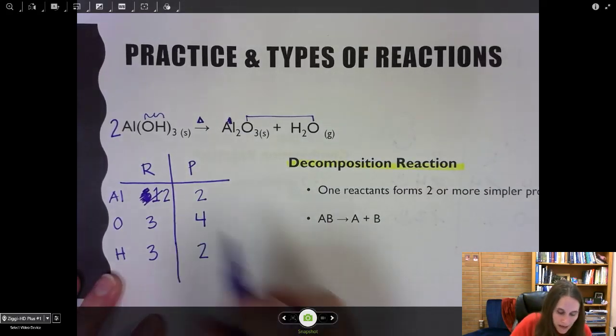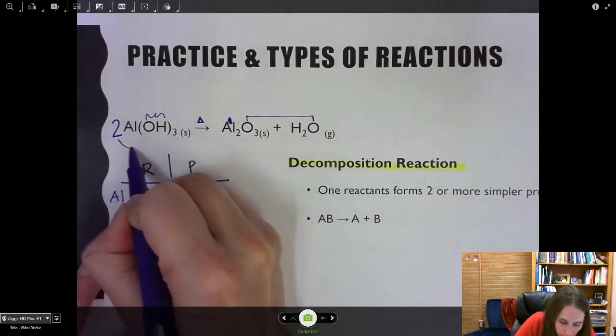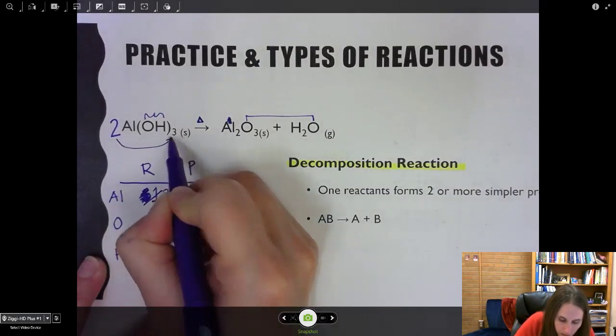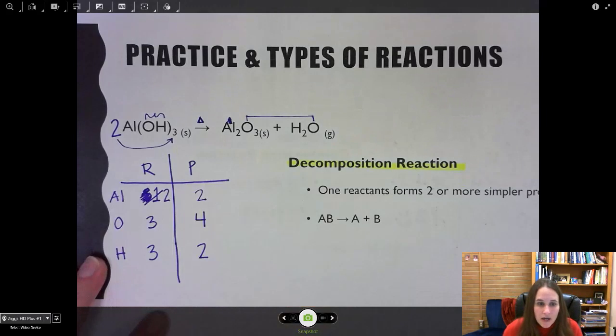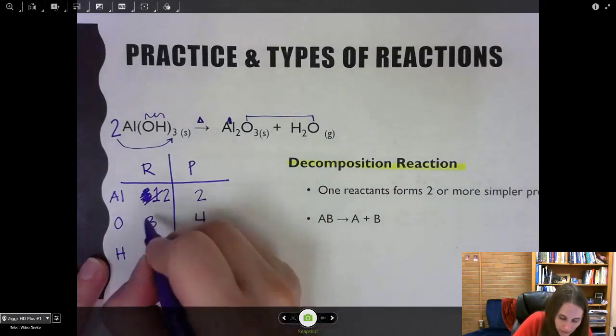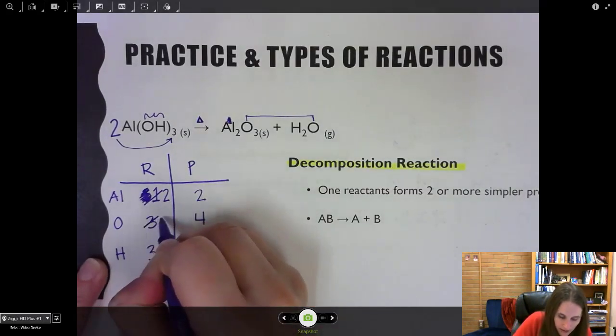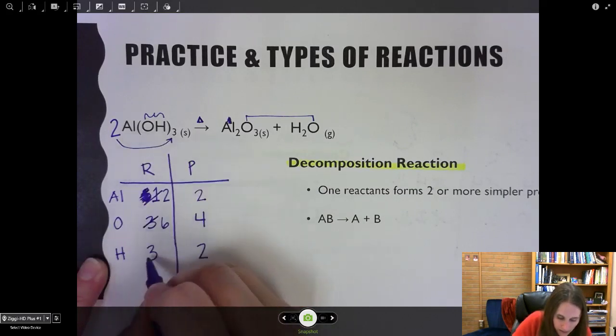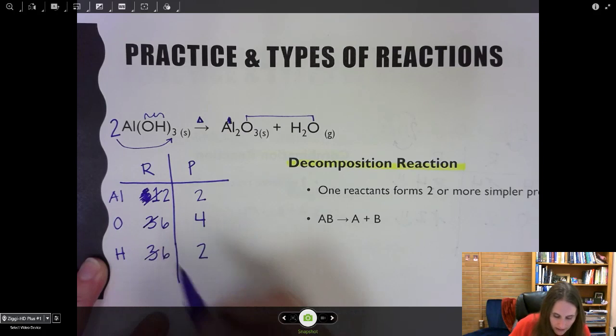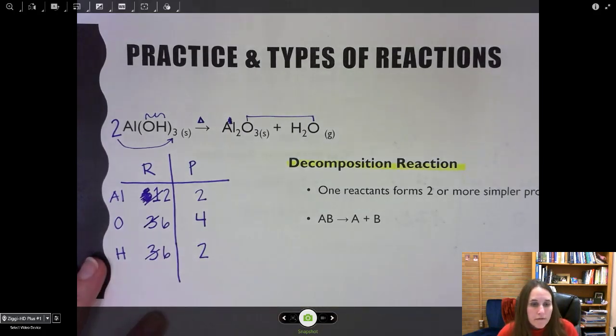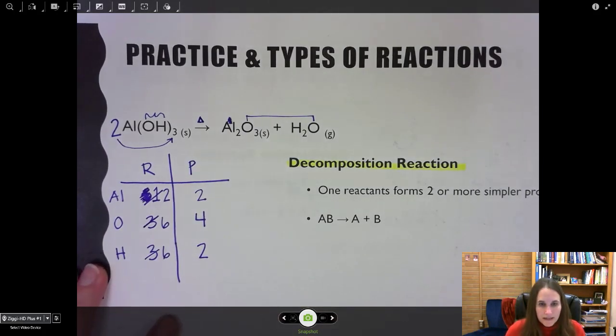Now this 2, however, multiplies this 3 to 6. So that's then going to say, no, I don't have 3 oxygen atoms, I have 6. I don't have 3 hydrogens, I have 6. So I've become further imbalanced on my reactant side.